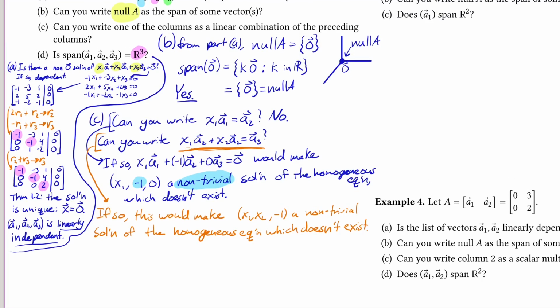So it turns out, in general, B and C are equivalent for any matrix A, which we're going to show with some examples like this.